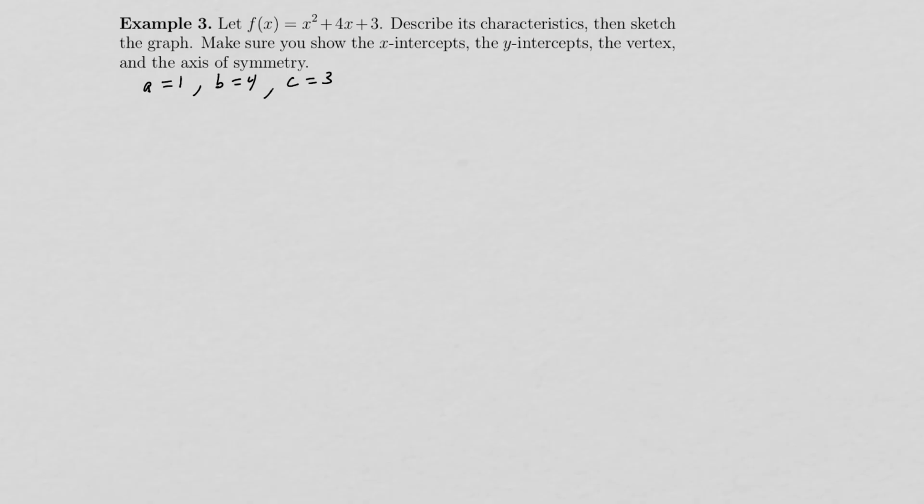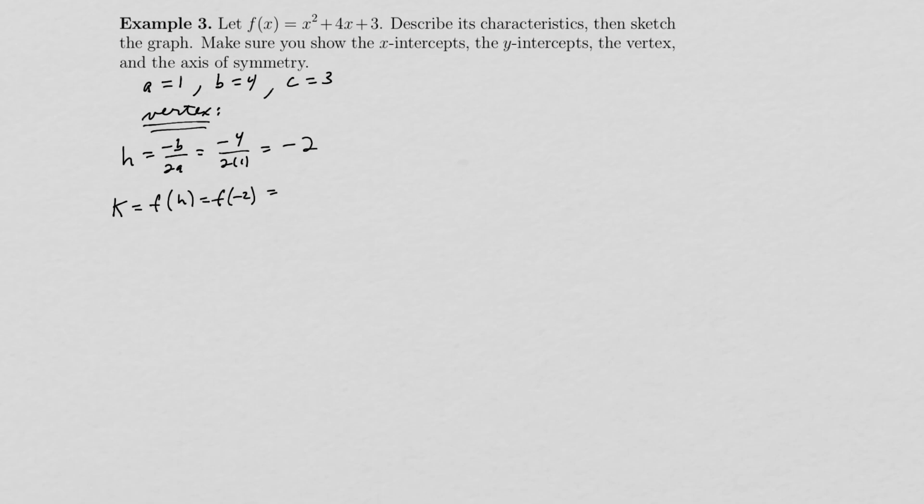So for the vertex, at first I'm going to find h. So h is negative b over 2a. So it's negative 4 over 2 times 1, which is negative 4 over positive 2, which is negative 2. And then k is equal to f evaluated at h, so that's f of negative 2.